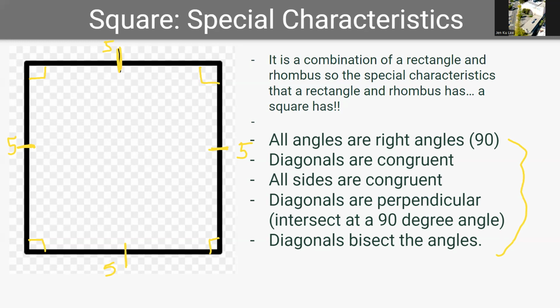So if you look at the list of characteristics, right? All the angles are right angles, that's from the rectangle. Diagonals are congruent is from the rectangle. All sides are congruent, that's from the rhombus.